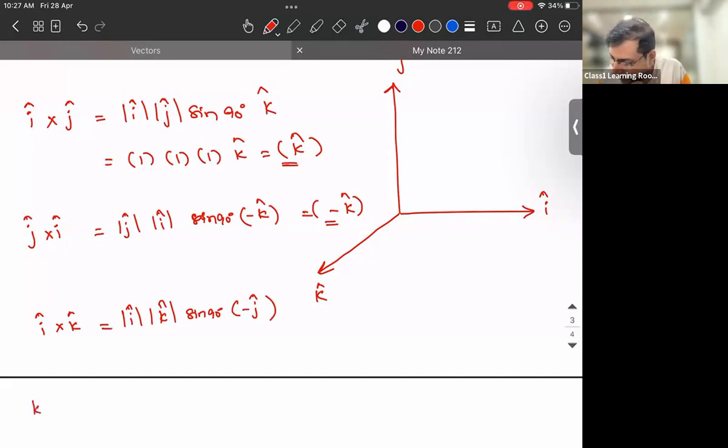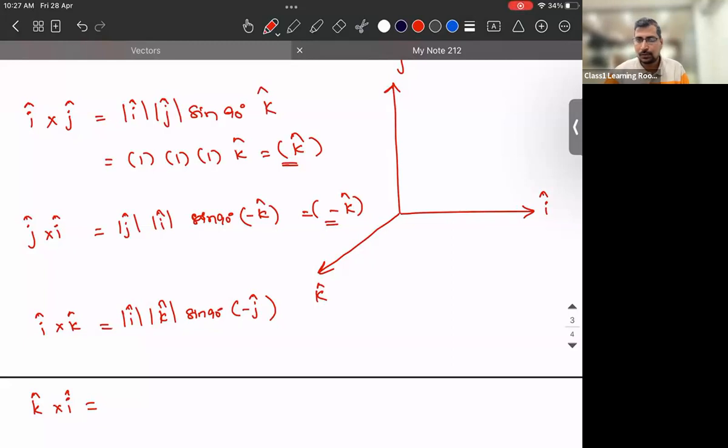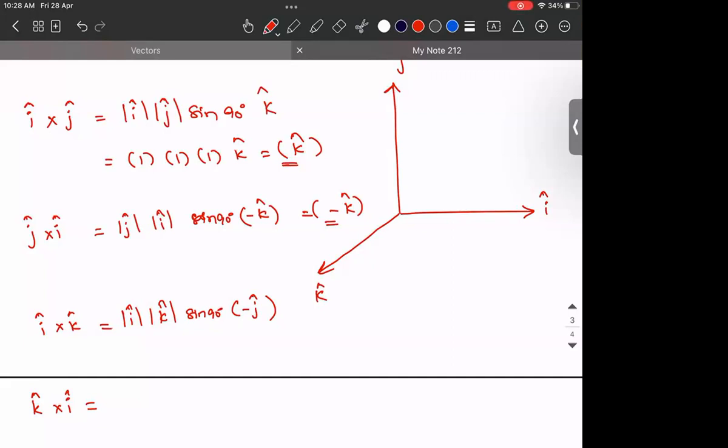Similarly, do K cross I and see. Logically, it should be minus of minus K cap, but do and see if it is working. The thumb is up, so it is plus.